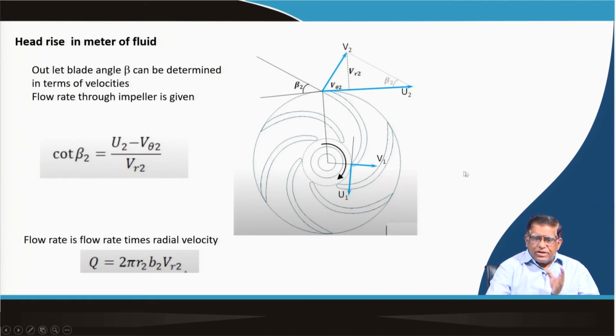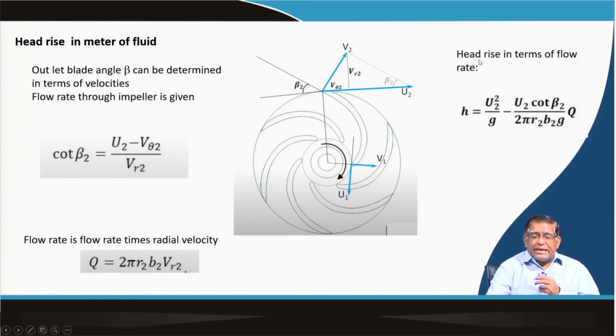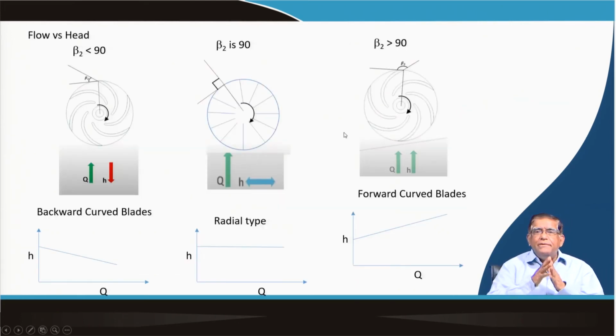That means a centrifugal pump, depending on these blade angles and the total work done on the fluid, will decide the flow rate. While doing this, the head rise in terms of the flow rate is calculated as given here. These theories of pumps are very essential to determine exactly how it will behave under different conditions.